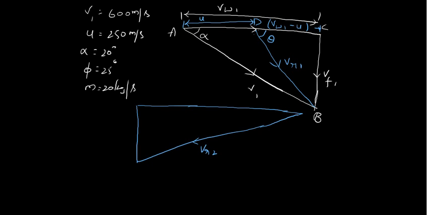And this is VR2. Y component is VF2. This is the relative velocity, right? And it has come across after traveling a distance of U.